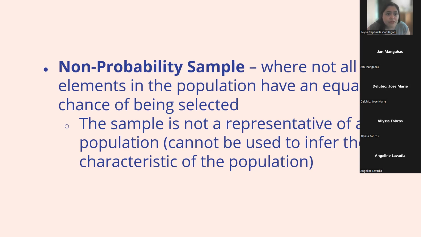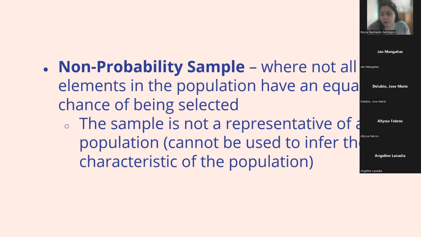Kasi paano yung mga off-duty during that time? O kaya yung shift nila is pagkatapos pa. Like pumunta ka ng 10 o'clock, so kung sino yung naka-duty ng 7 to 3, yun lang yung na-interview mo. Yung the rest na walang duty at that time, hindi mo na sila ma-interview, wala na silang equal chance to be selected in your study. Ang tawag diyan, class, non-probability sampling, o kaya the sample is called non-probability sample.